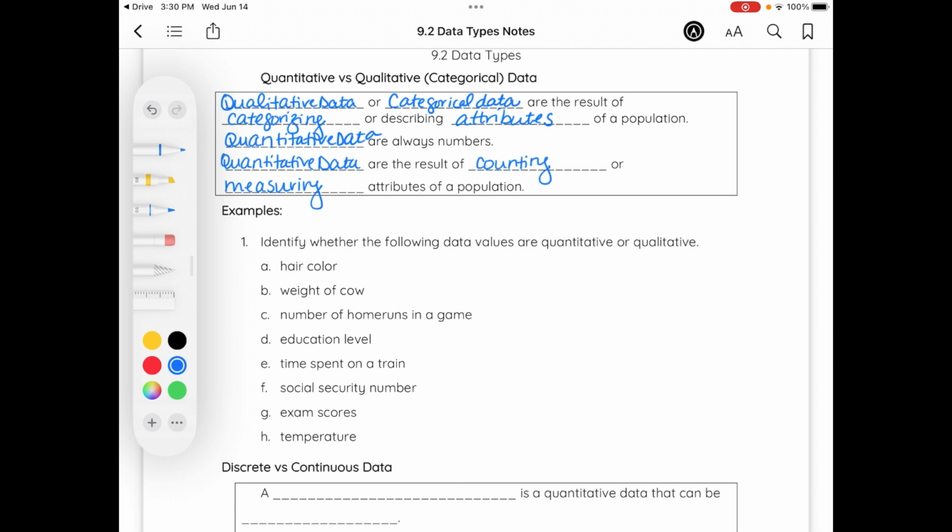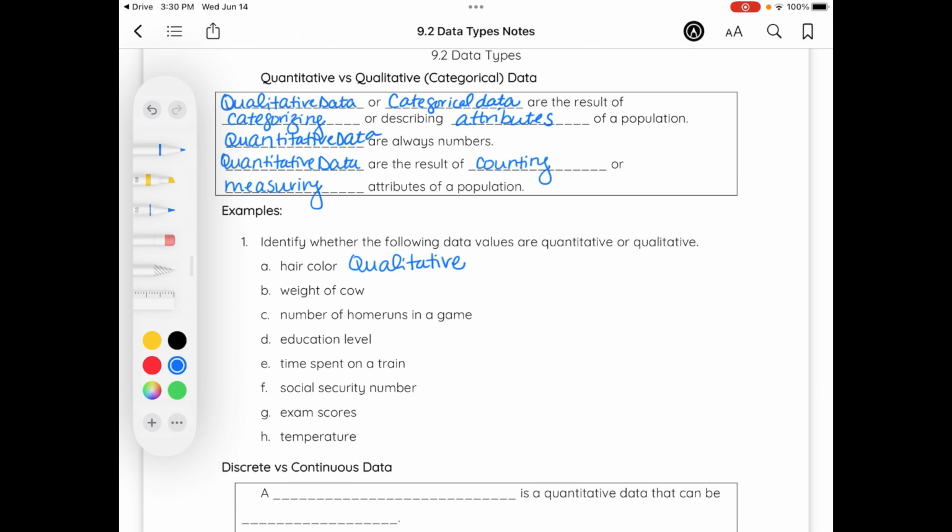So if I think about different hair colors, we could be blonde, brown, brunette, red, purple, whatever color you want to dye your hair, of course. So all of these are different categories of colors. Now, of course, we certainly can count how many people would have a certain hair color, but the hair colors themselves are qualitative, because we have different categories of hair color.